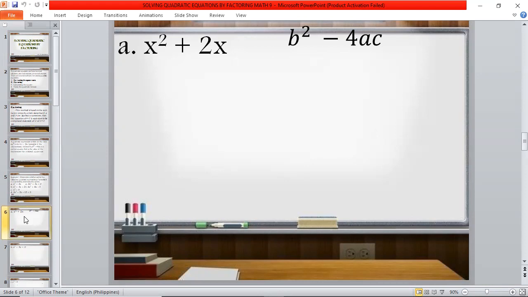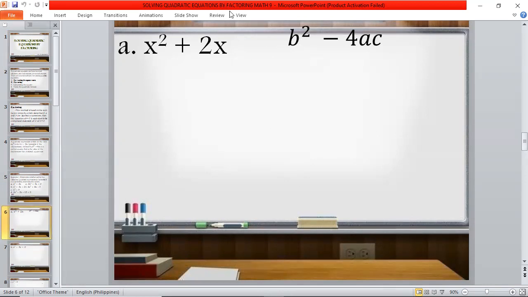How are we going to get the discriminant of this expression? First is to identify the values of A, B, and C. After identifying the values of A, B, and C, we can substitute those numbers to this equation, b squared minus 4ac, to find the value of the discriminant.